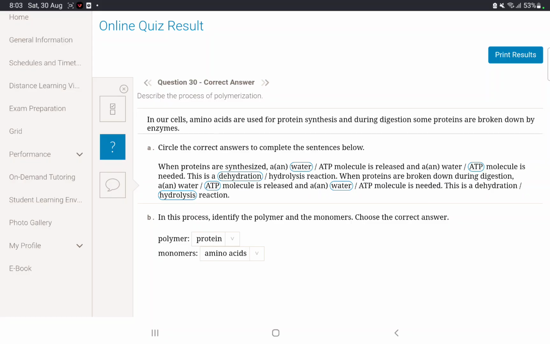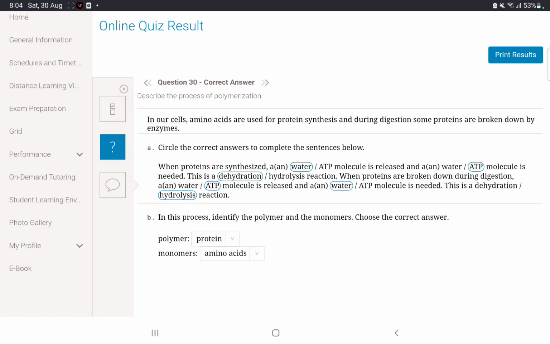When proteins are synthesized, a water molecule is released and an ATP molecule is needed. So basically, when you synthesize something, water is going to be formed and you need energy to do it.